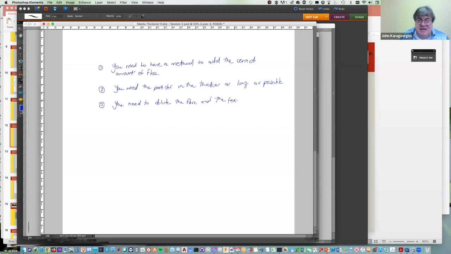And lastly, what you can't do: anyone who tries to control a thickener purely using the underflow density, that's incorrect. You can't control density directly. So that's a no-no.